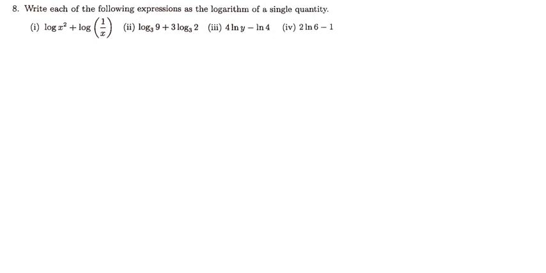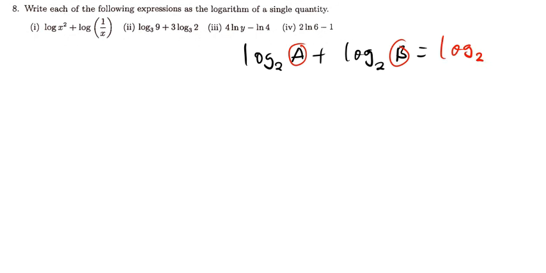Let me give you the basic idea behind this. If I have log, and the base is the same, let me put log base 2 of a plus log base 2 of b. To write this as a single log, if the bases are the same, you just multiply these. So you write log base 2 of a times b.